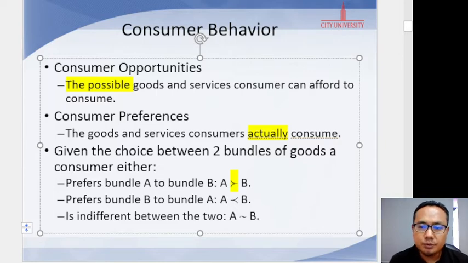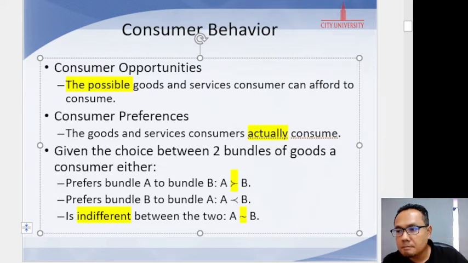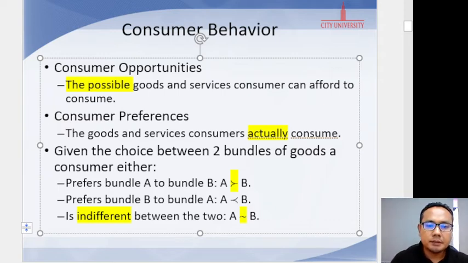If the consumer views the two bundles as equally satisfying, we will say she or he is indifferent between bundle A and B, and we use this shorthand notation for indifference.